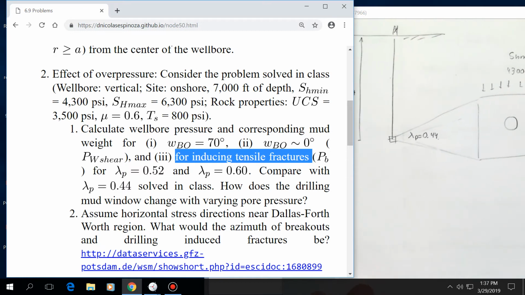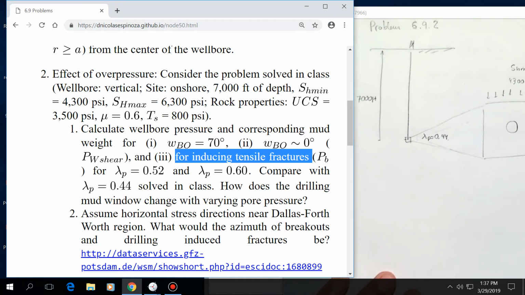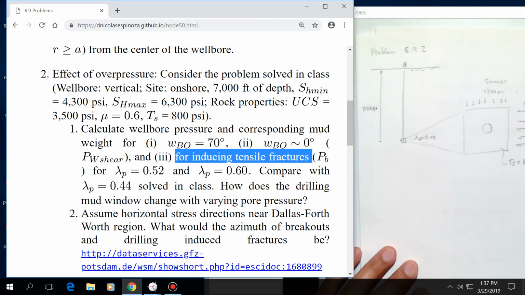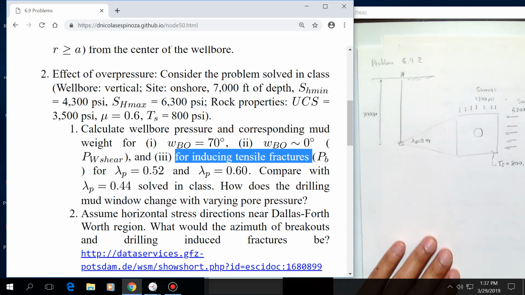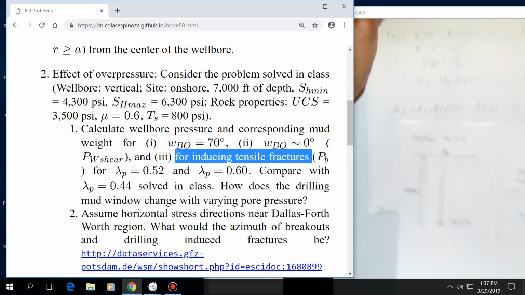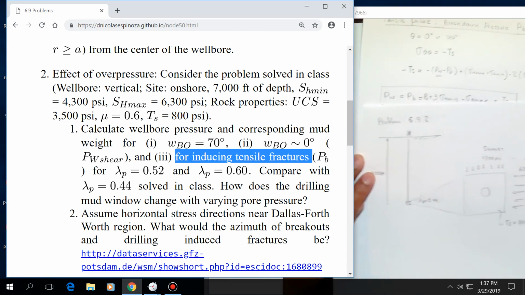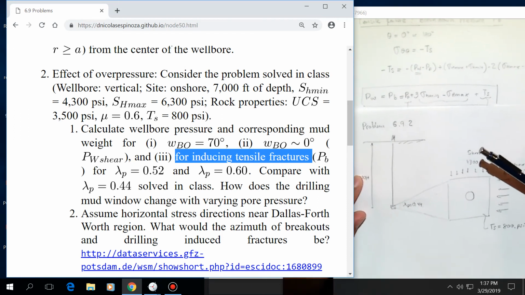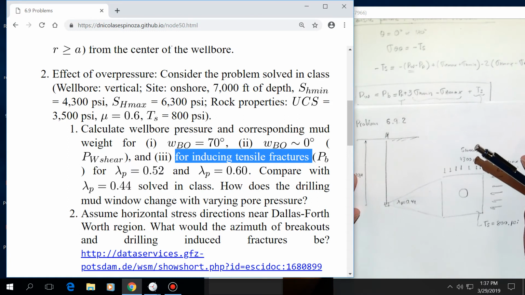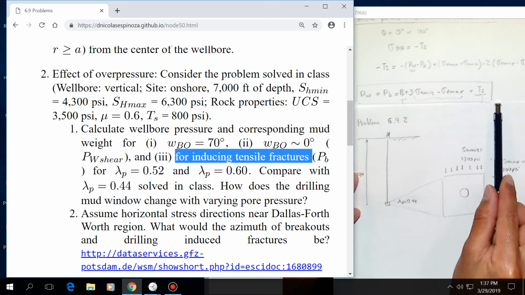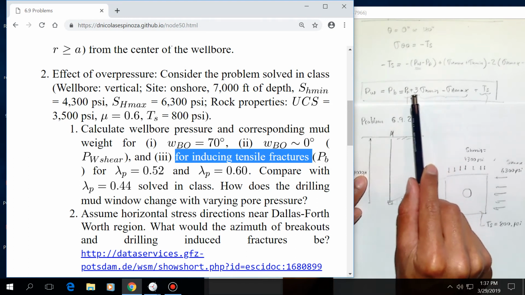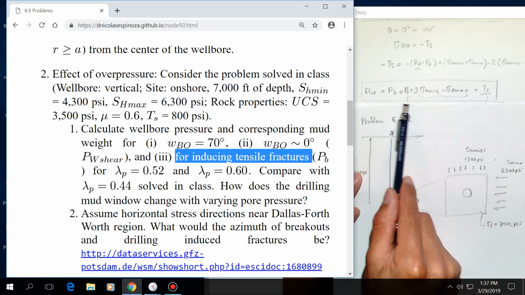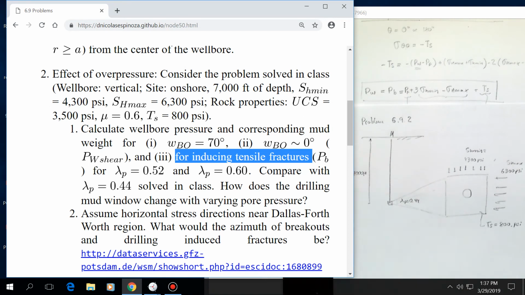Okay? So I think you know how to do this. You know how to calculate effective stresses. That's all you need in your equation, right? Let me see if I can put the two of them together. You know what the tensile strength is, that's given. You just have to compute the effective stresses, the pore pressure, and use the equation, and you'll get the value of the breakdown pressure. Okay?